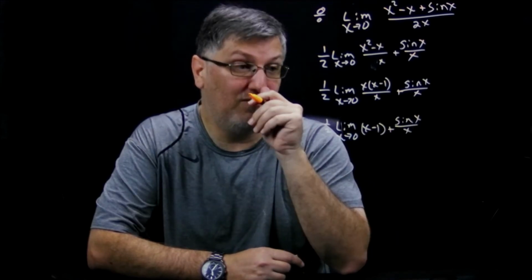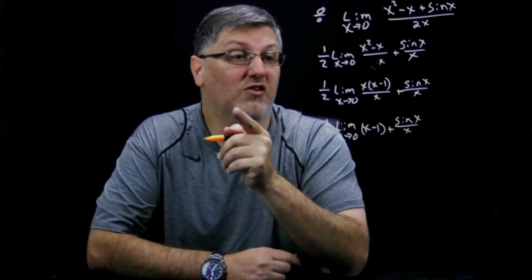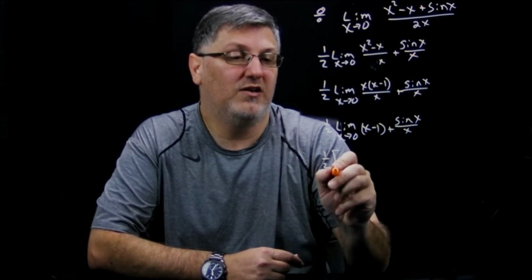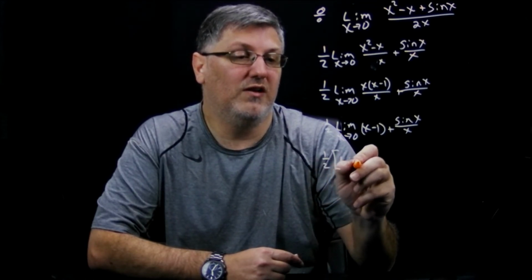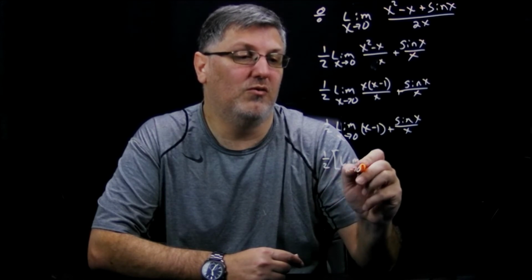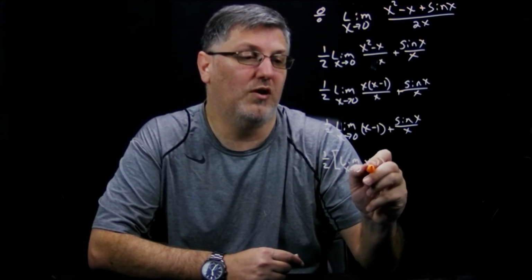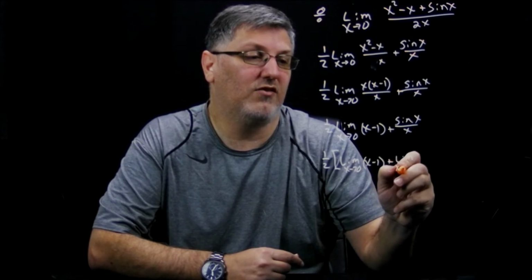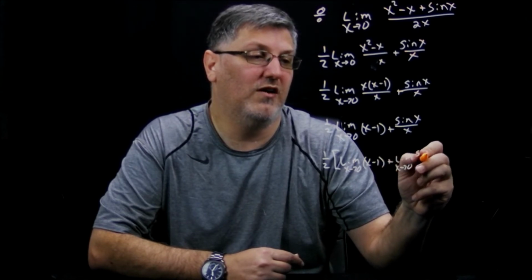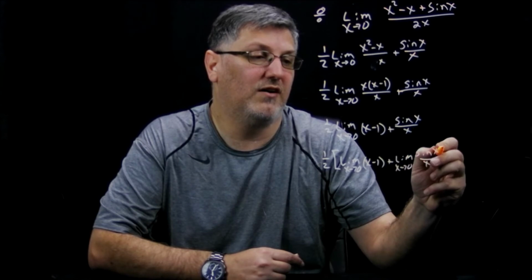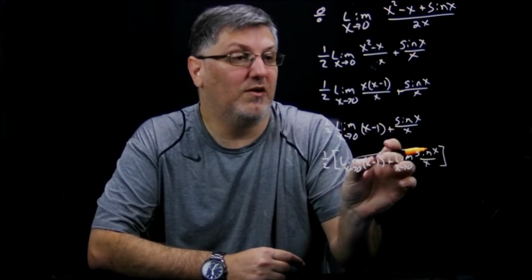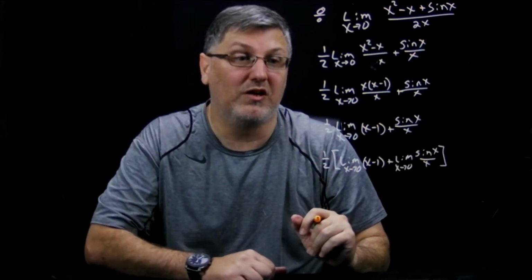Hey, you know what? I'm good because now I can use my properties of limits and I could say 1/2 times the limit as x approaches 0 of x minus 1 plus the limit as x approaches 0 of sine x over x. When we had that plus, we just take the limit of this and the limit of this, and we can add those limits together.